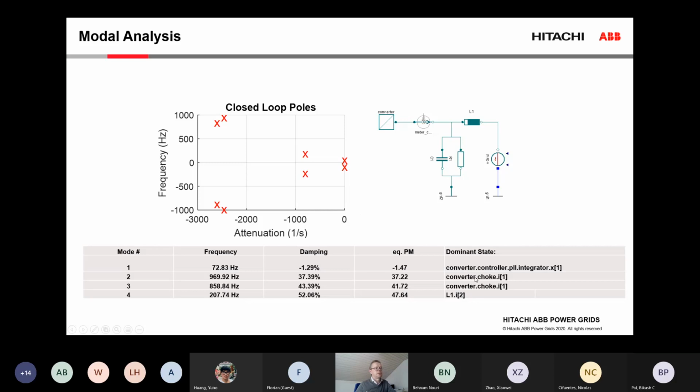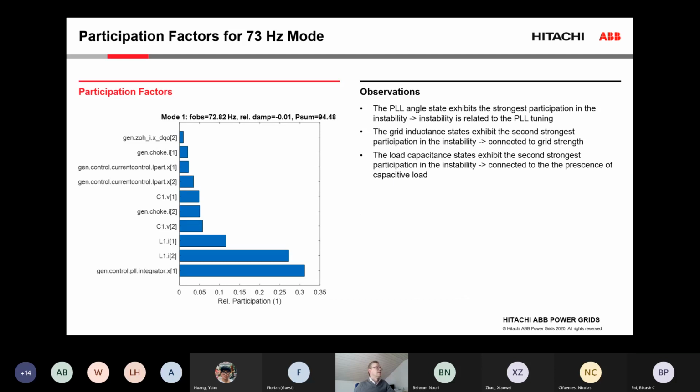One can see which parts of the grid are participating in a resonance. I typically use these types of bar charts here, where we rank the dynamic states for each resonance mode.